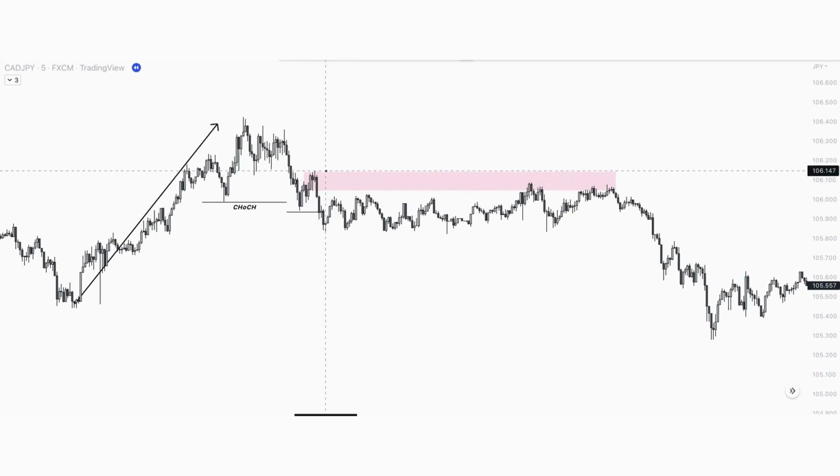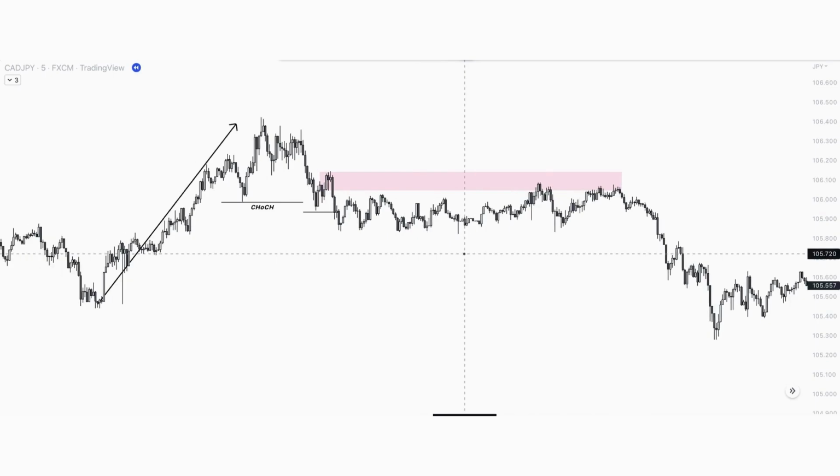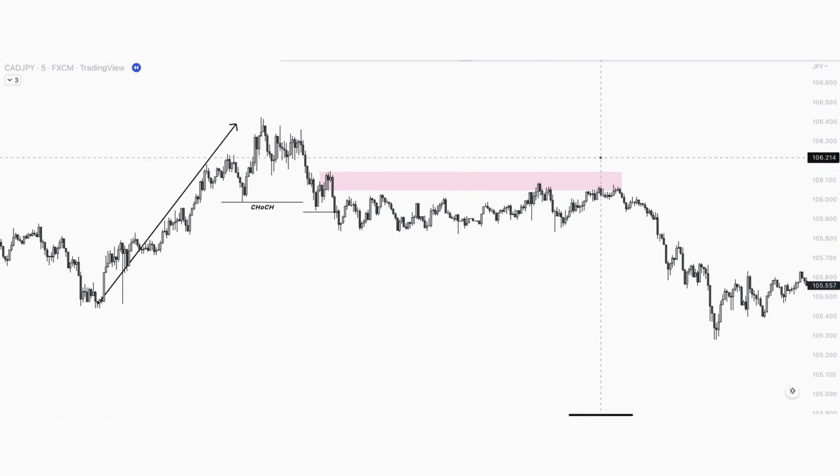When there is a break, this is the last up candle that caused the break. This area creates a supply where we can look to see if it will continue to go to the downside.